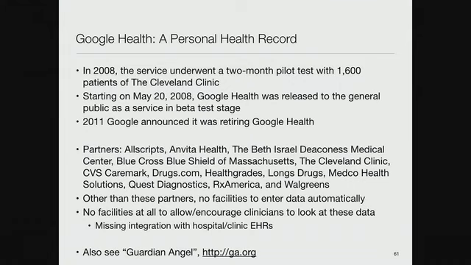And 3 years later, they killed it, okay? And they had a bunch of partners. So they had Allscripts and Beth Israel and Blue Cross of Massachusetts and the Cleveland Clinic and CVS and so on. So they did their job of trying to connect to a bunch of important players.